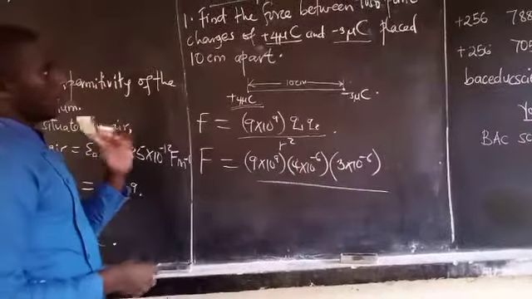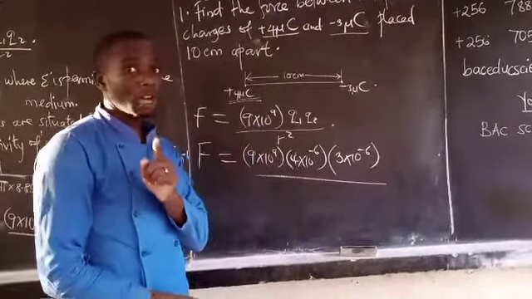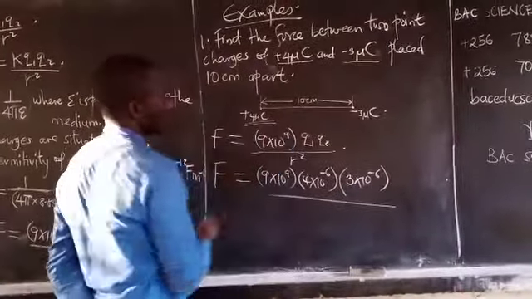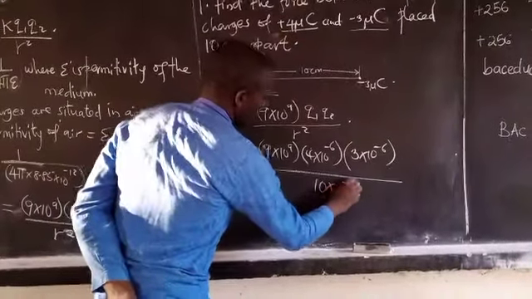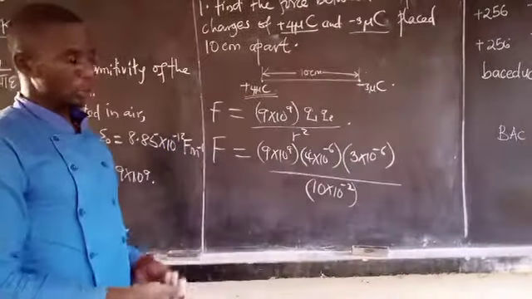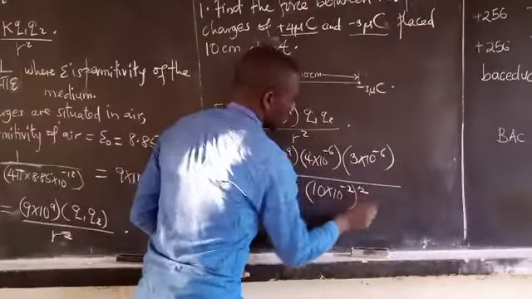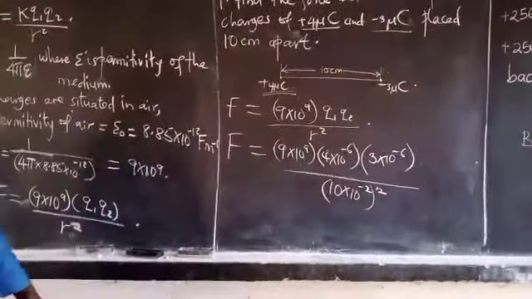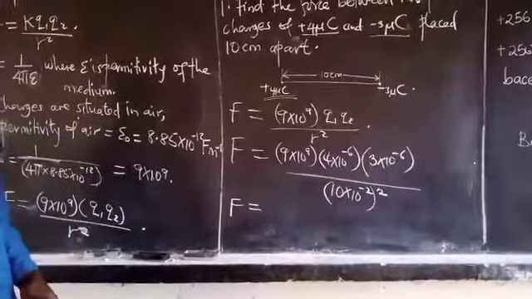Then the distance of separation is 10 centimeters. You have to change it to meter. Remember, the SI unit of distance is a meter. So 10 centimeters, you can just say 10 exponent negative 2, or somebody can just say 0.1. But then this one is squared. So which force do you get when you press on your calculator?